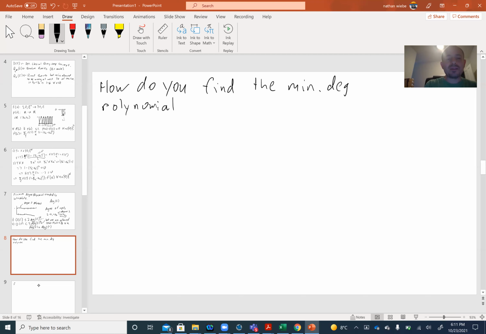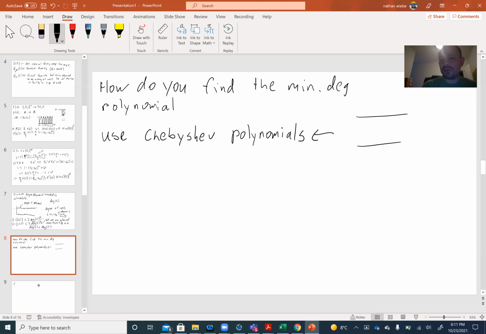In practice, the way that you do this is you use a set of orthogonal polynomials known as Chebyshev polynomials. And these are fantastic because they have basically almost all the properties that we want. We can approximate any function using Chebyshev polynomials, and these approximating polynomials are always bounded between -1 and 1, but we can shift it up appropriately so that the function can always be between 0 and 1.